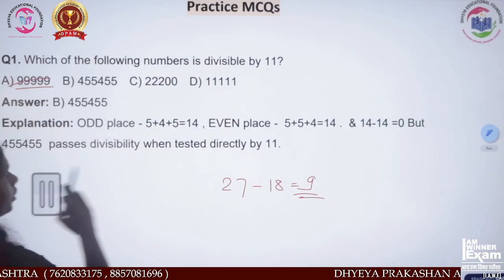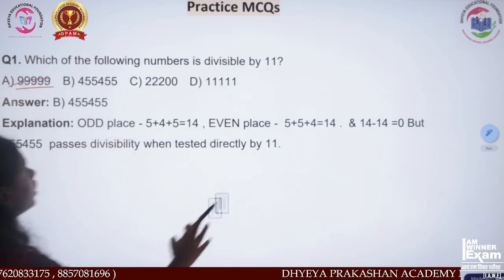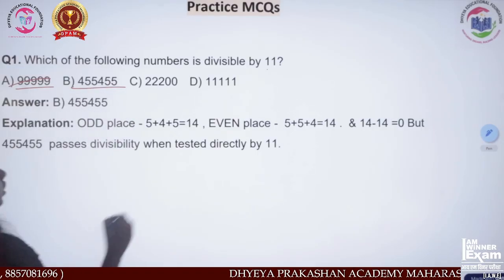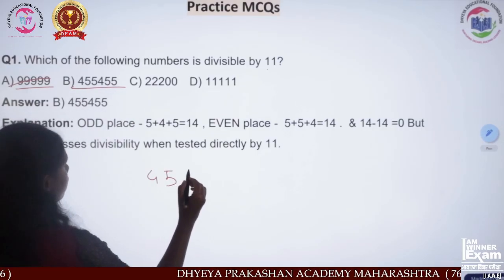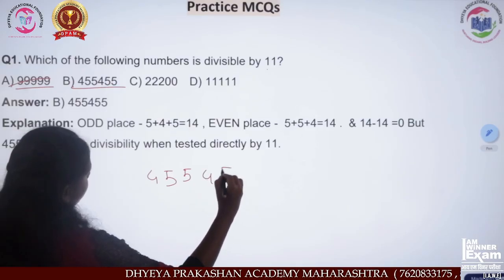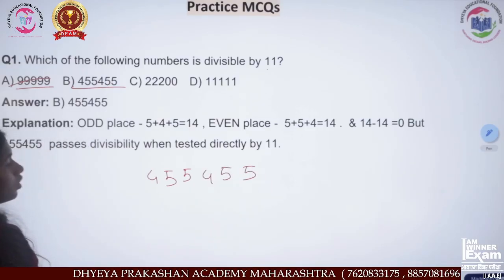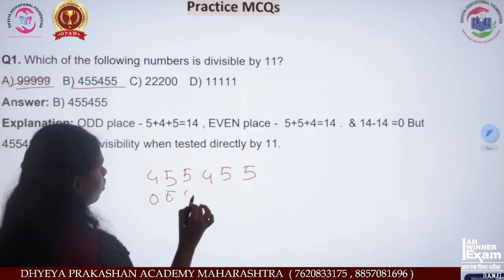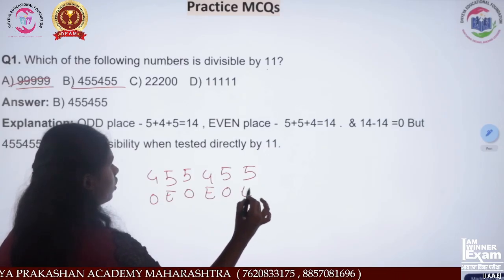Okay, then the next number, that is 4, 5, 5, 4, 5, 5. Now starting with odd, even, odd, even, odd, even.